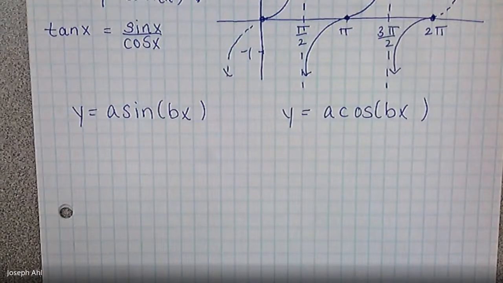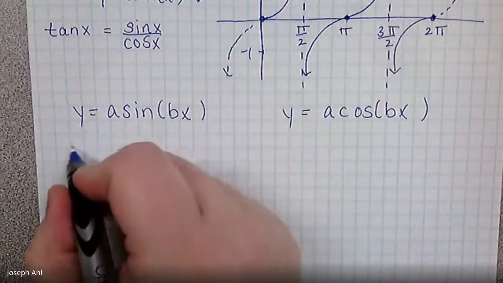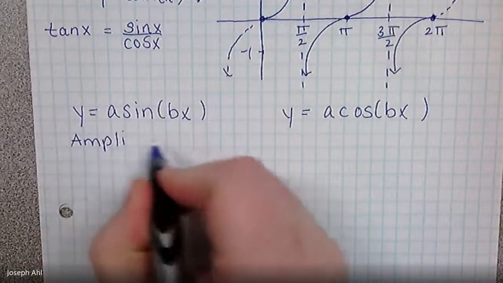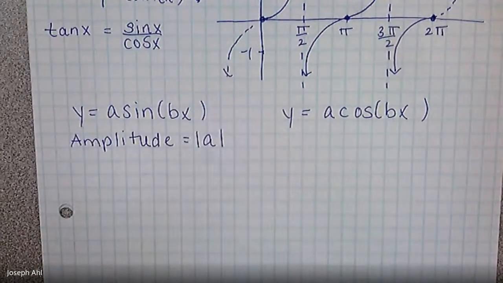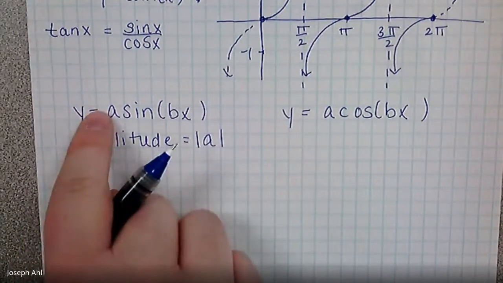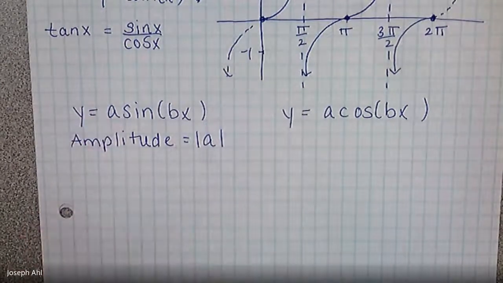So that value out front, the value of a, is known as the amplitude. In fact, I want to define amplitude as the absolute value of a, because sometimes there's a negative in front of this value, and that negative, we know, does some sort of transformation. But in general, the amplitude is always positive.